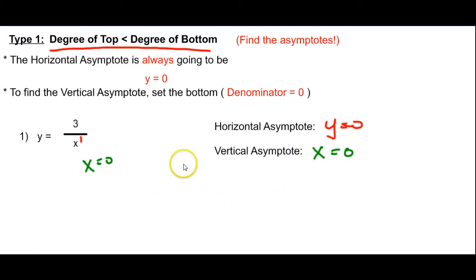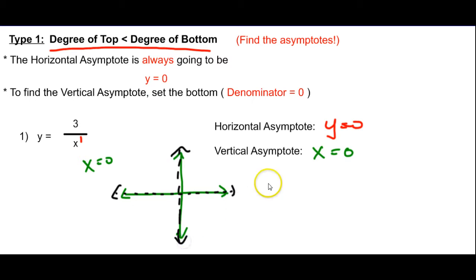Alright, so what's going on in this is that, hopefully you guys remember from last year, that there is a horizontal and vertical asymptote at x equals 0 and y equals 0. So if I were to do this, there's a horizontal asymptote right there, and then a vertical asymptote right here. If you don't know what the graph looks like, you can always put it into y equals in your calculator and then graph it.